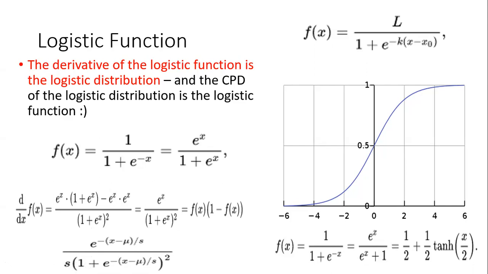Is this clear? So please remember what we have written here: the derivative of the logistic function is the logistic distribution. I can just write it here: d over dx of the function equals the logistic distribution. That's the main thing.